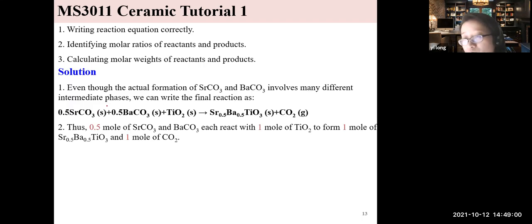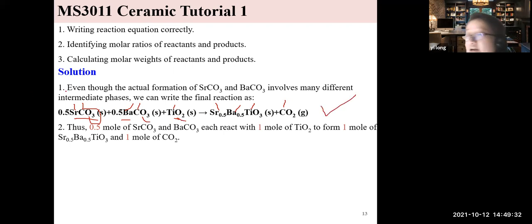First of all, left and right, let's check whether they're balanced or not. Strontium half, barium half, titanium 1, carbon half plus half, and then you have 1. Oxygen: half times 3, half times 3, and 2, equals 5. Checked.